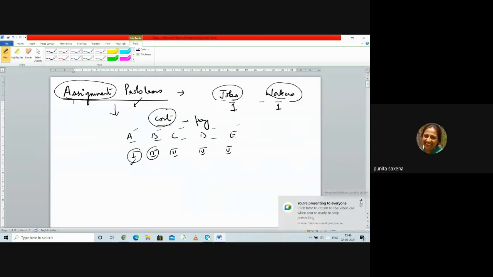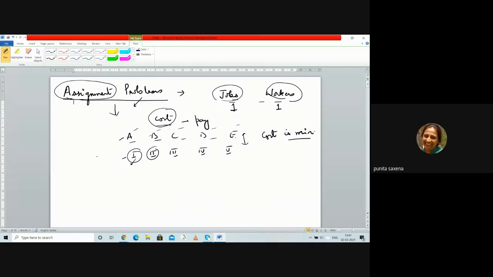But then there is a difference in the cost. That means worker 1 will charge some amount to perform task A or task B and so on and so forth. Okay. So when we say the objective here is to assign these jobs, I mean, which job should be assigned to which worker so that the cost of getting the job completed is minimized.